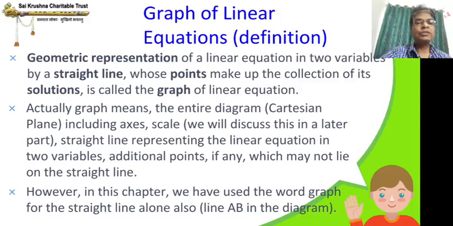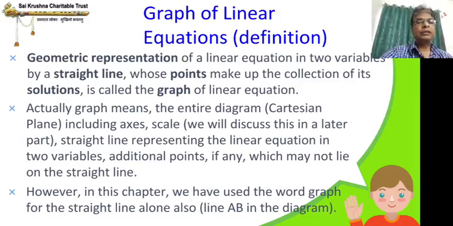But the first paragraph is very important, the definition of graph, that is a straight line formed by the solutions of the equation, whose points make up the collection. Any point on the straight line is a solution for the linear equation. That's what the first paragraph means.